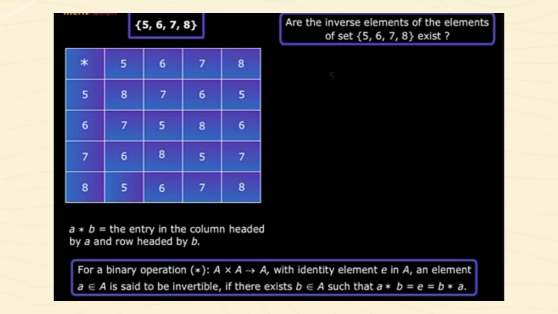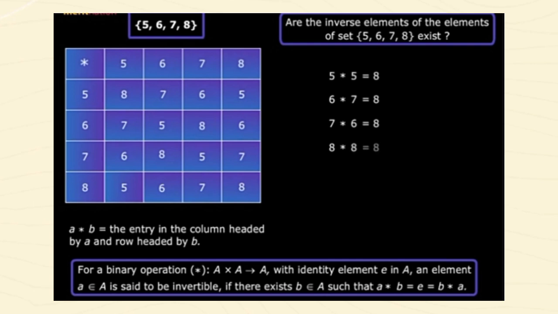Similarly, I have written two other expressions. So, what can you say now? Is there any identity element? Of course, yes. What is the identity element for the binary operation star?